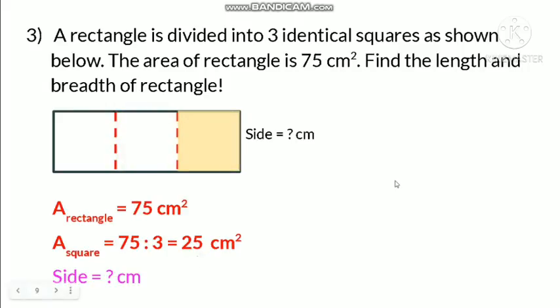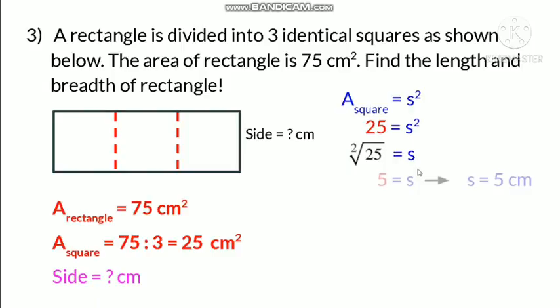Alright, now we can find the side by using this area. The area of a square equals side squared. The area is 25, so 25 equals side squared. And the side is equal to the square root of 25, which is 5. So the side of the square is equal to 5 centimeters.